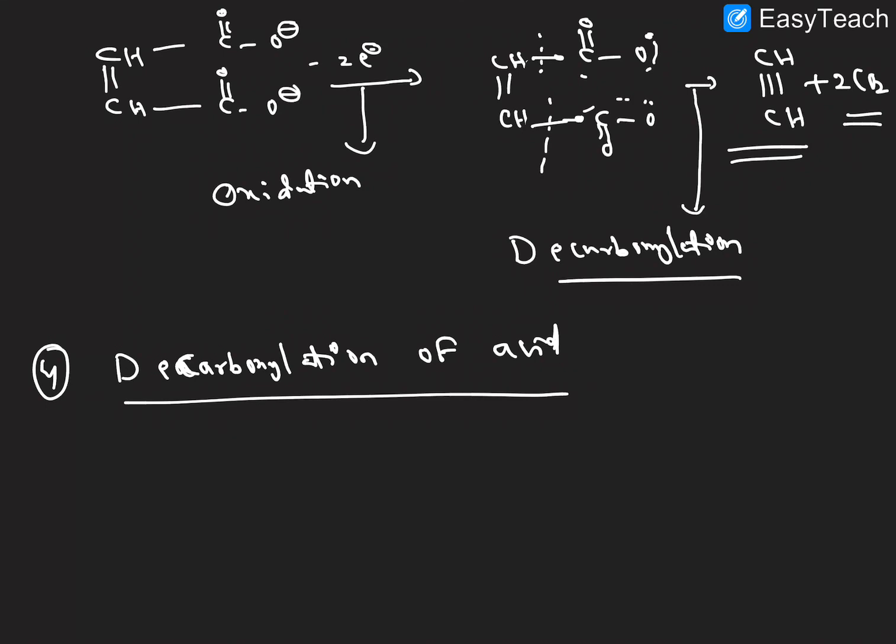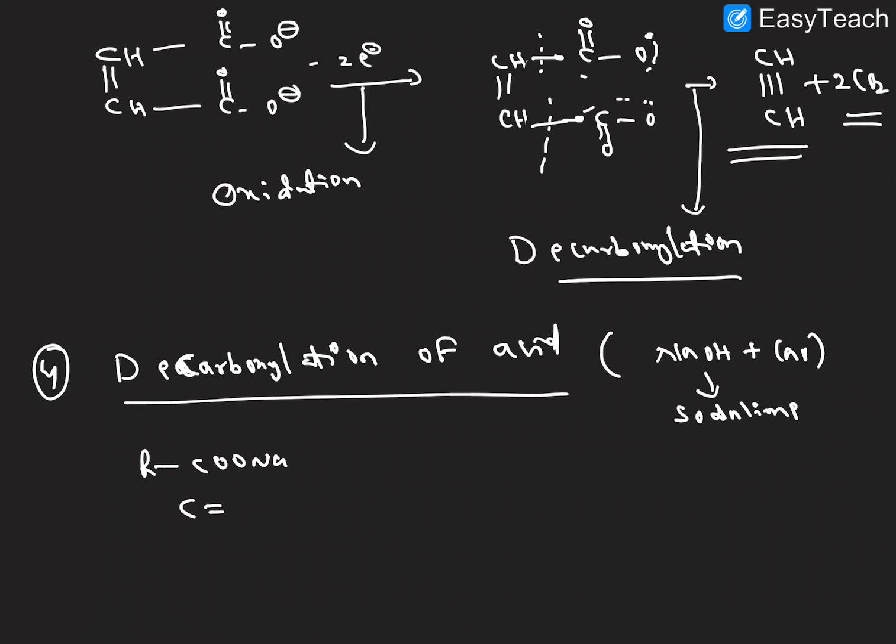You can take a carboxylic acid, the sodium salt of a carboxylic acid, and undergo decarboxylation. So here in the presence of soda lime. What is the decarboxylation reagent here? The soda lime, NaOH plus calcium oxide. This is called soda lime, right?